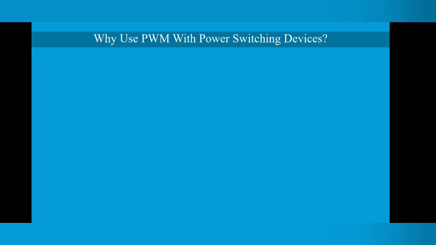Next is why we are using PWM with power semiconductor devices. One of the most common applications of the pulse width modulation scheme is digital motor control. If you want to control a digital motor, there we also need a pulse width modulation scheme. Another is the digital power supply, the UPS that everyone has in their household, sometimes known as a switched power supply.